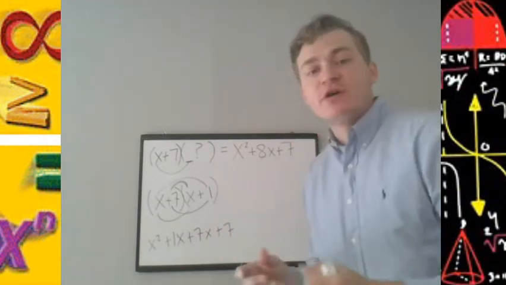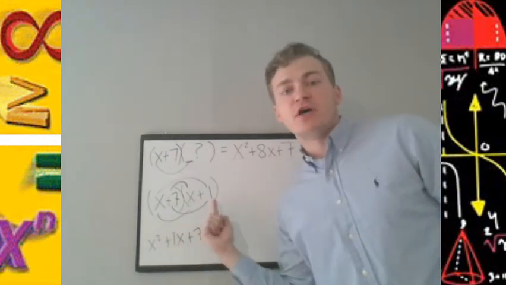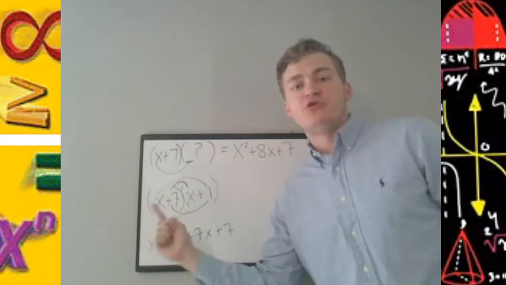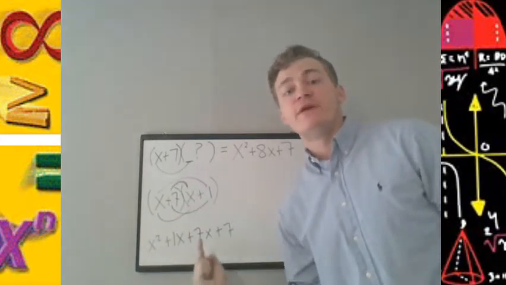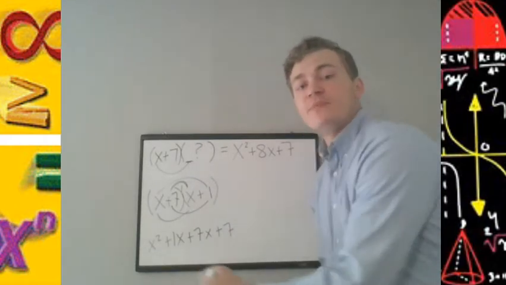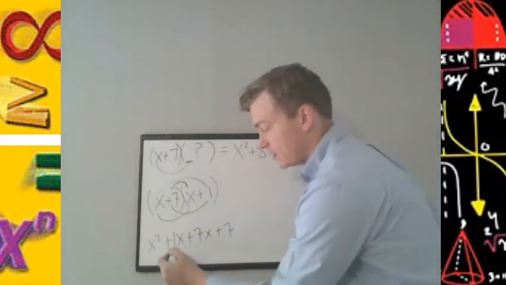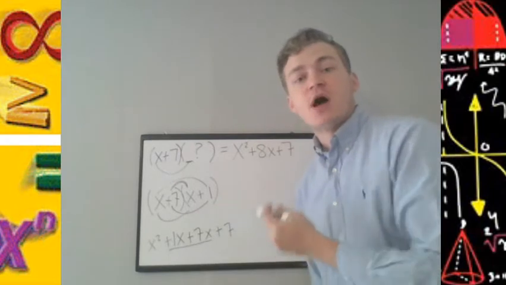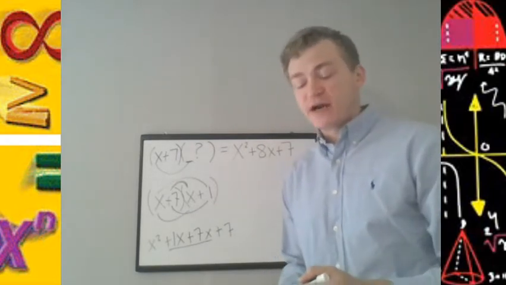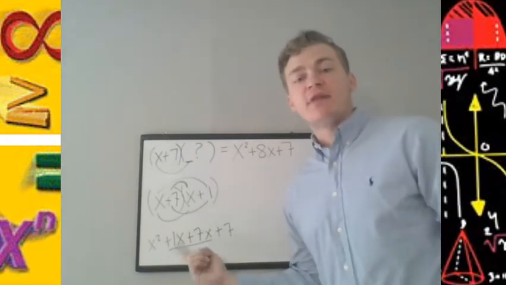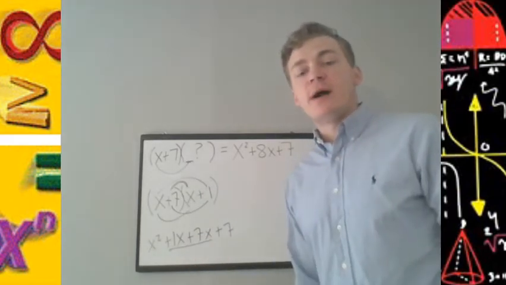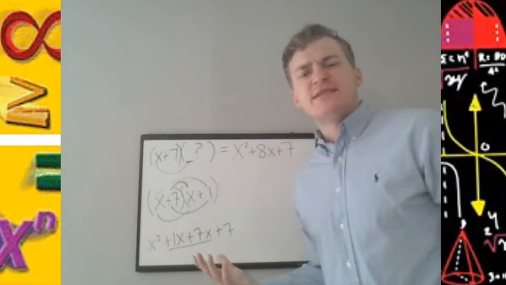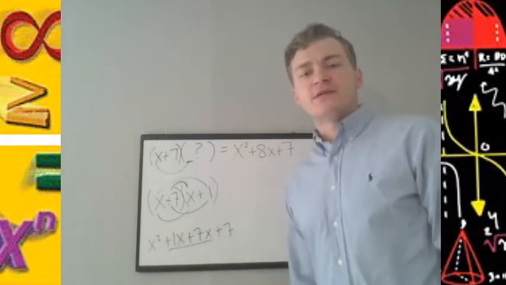Just as we saw in Chapter 5, for the product of two binomials, 2 terms times 2 terms, we get 4 terms. But from these 4 terms, we see that the middle 2 terms are like terms. Chapter 5, section 2 says when we have like terms that are adding or subtracting together, we can combine them by combining the coefficients. How many x's do we have? Well, here I have 1x.